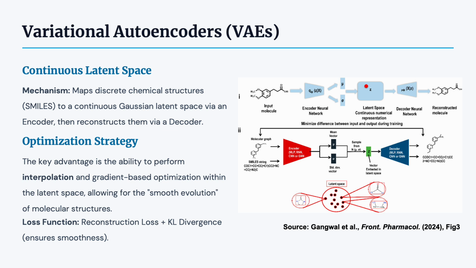By moving slightly in the space, we can smoothly evolve a molecular structure. The encoder compresses the data and the decoder reconstructs it. The key advantage here is optimization. We can mathematically navigate this space to find the best molecule.